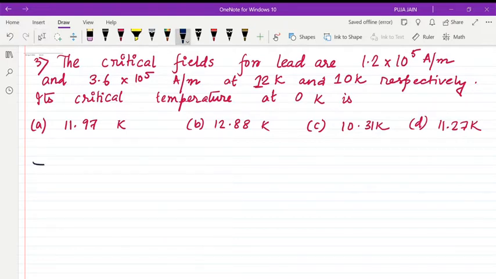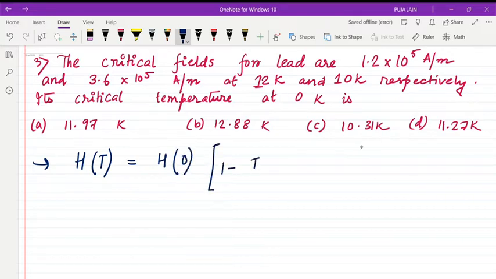The mathematical formula which will be useful here is that H, the critical field at any temperature T, is given by H at 0 Kelvin times 1 minus T by Tc, that is the critical temperature, whole square. So this is the formula which you need to know here. Now we just have to put the values and we will get the value of the critical temperature Tc.